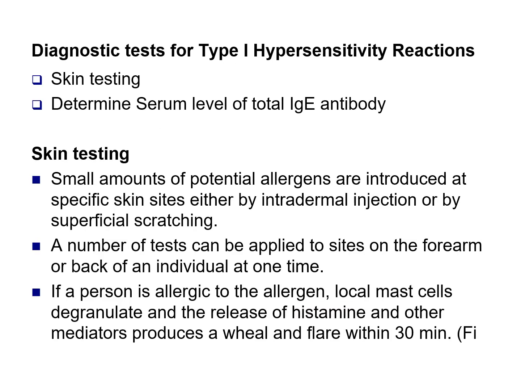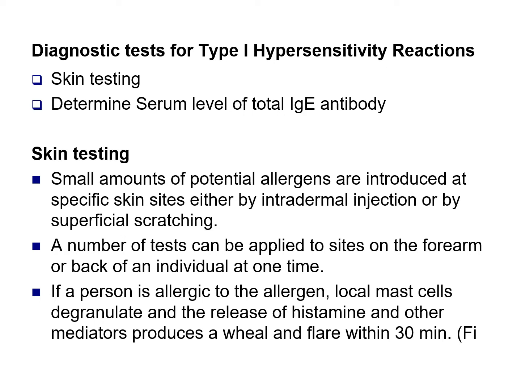How do we know if a person has allergy? One is we can do skin testing, then secondly we can do determination of serum level of total IgE antibody. For skin testing, we can do this simply by intradermal injection or scratching superficially the skin.